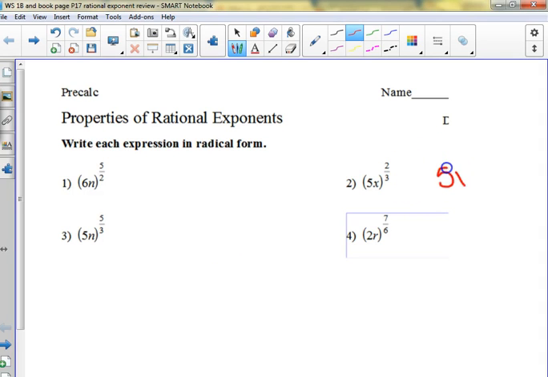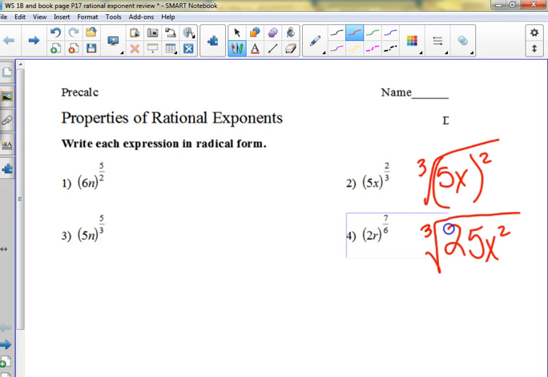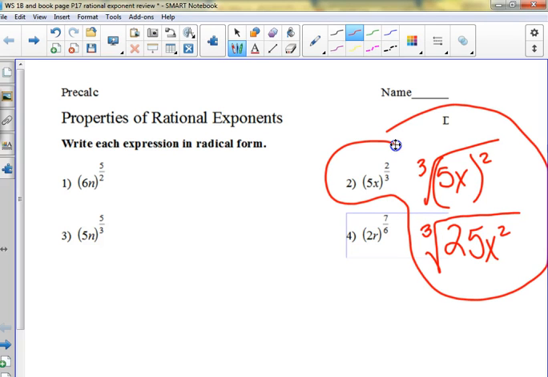So it's 5x squared and then the cubed root. I don't think there's anything nice you could do with that. Yes, that would be fine. Either one of those would probably be okay. I like your answer better, but.